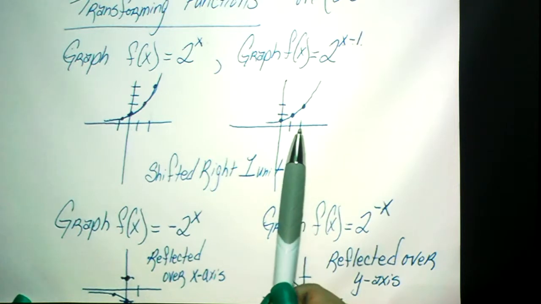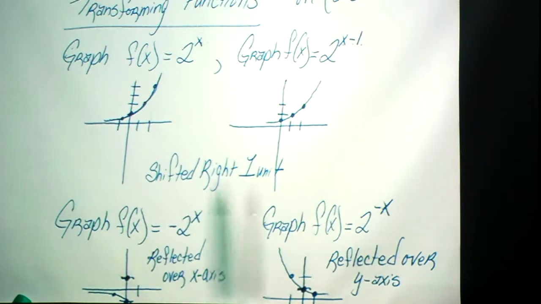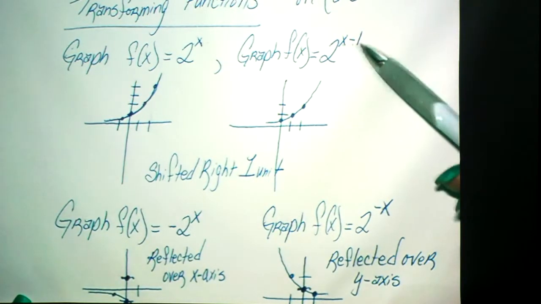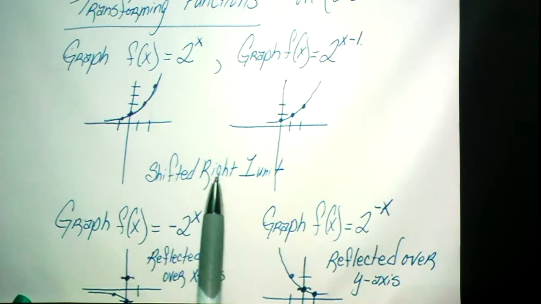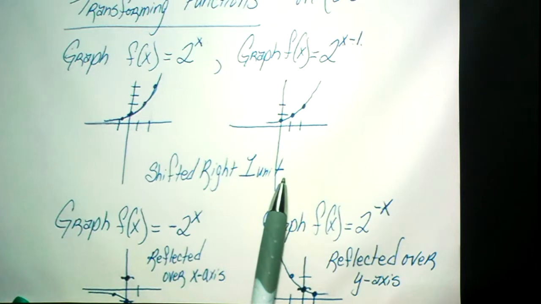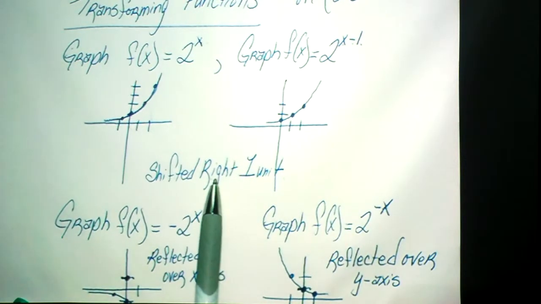And when I plug in 2, this time I'm going to get 2 to the 1, which gives me 2. Okay, so what essentially is happening, if I'm subtracting a 1 from my exponent, it shifts your graph right 1 unit. So when you subtract 1, you're going right.